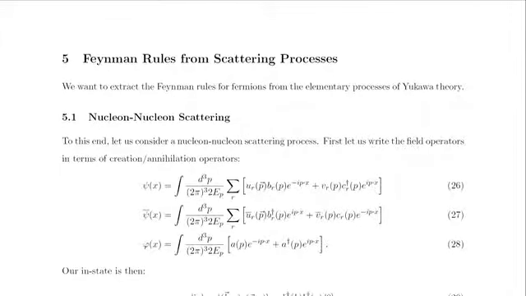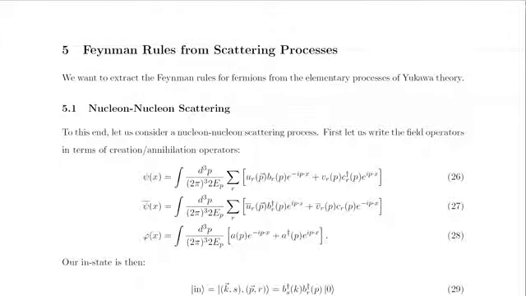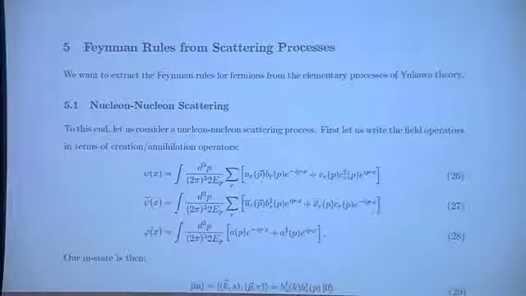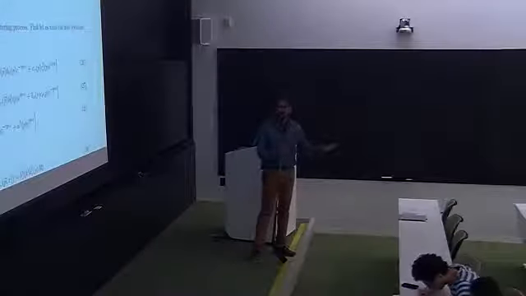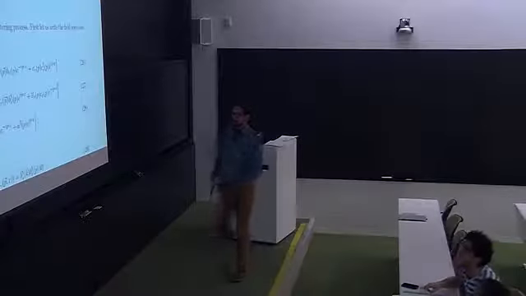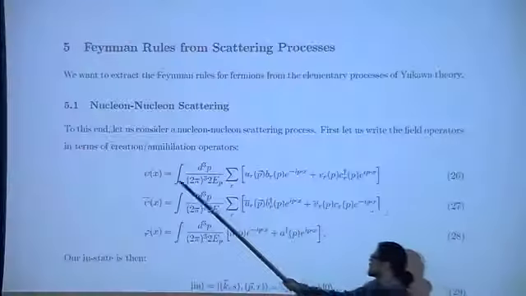So let's just remind ourselves what the field operators look like. So we are in the interaction picture. So effectively, we are just doing everything in terms of free fields and the free vacuum. So this is our Dirac field.